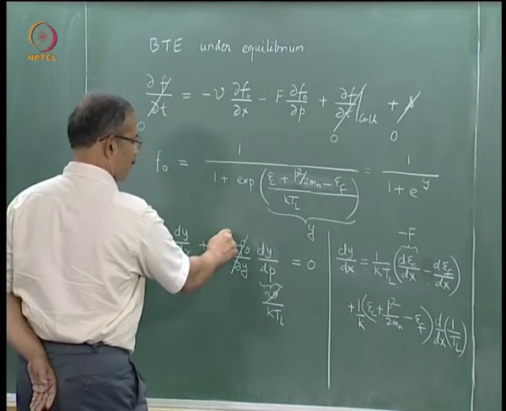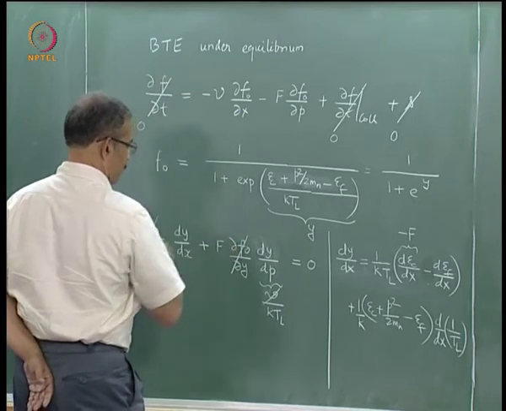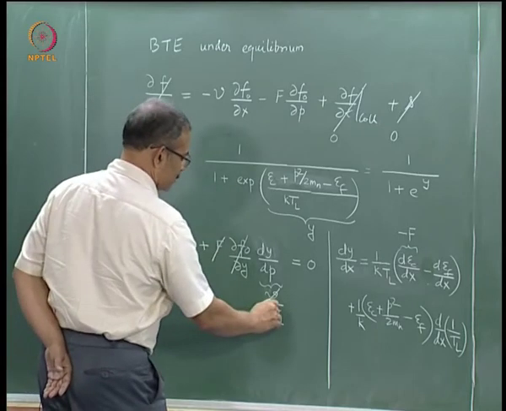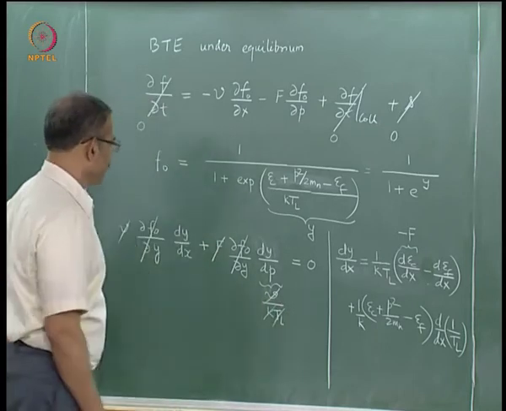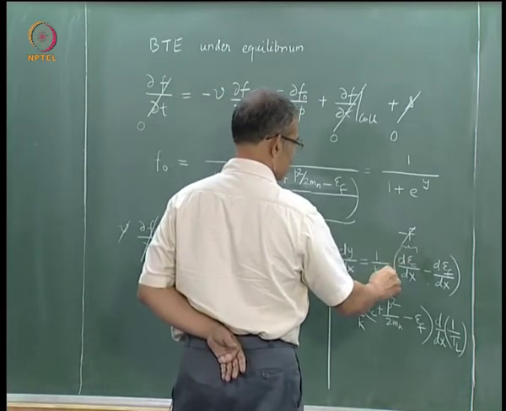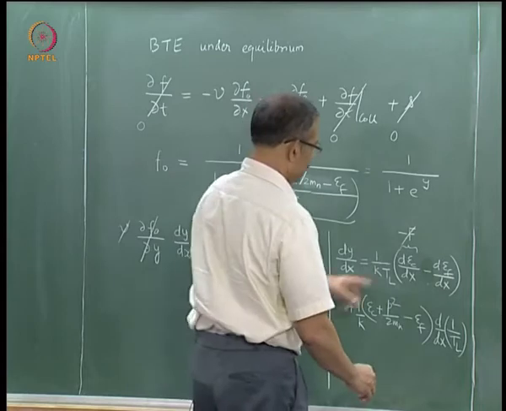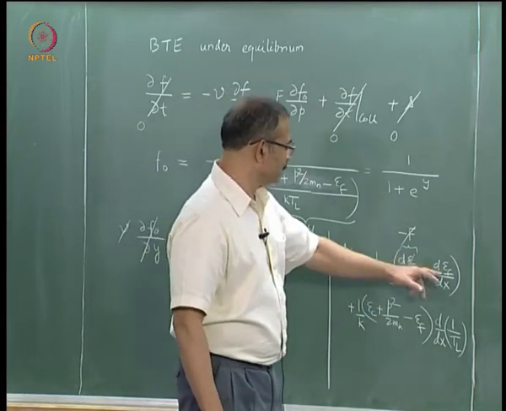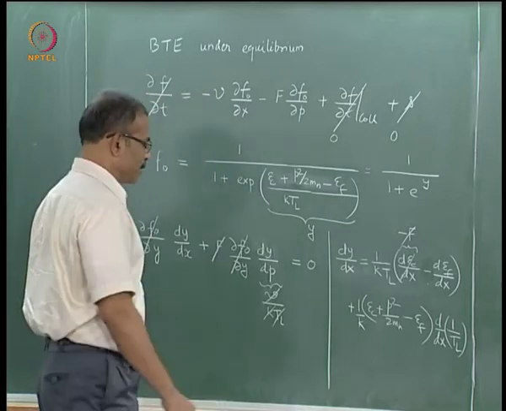So f by k times TL, that is what you have here. This will cancel out with this term. Okay, so f goes off. In other words, this term goes off. I am not removing k times TL because it is multiplying this term dEf by dx.